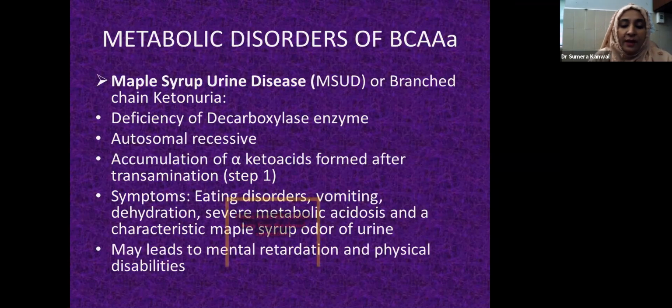If this remains untreated, it may lead to mental retardation and physical disabilities, because they are keto acids, they lead to metabolic acidosis. So there is an increased chance of mental retardation and disabilities of physical activity.